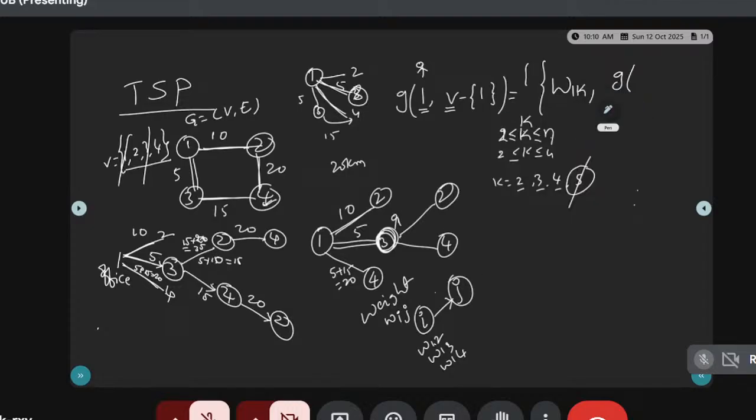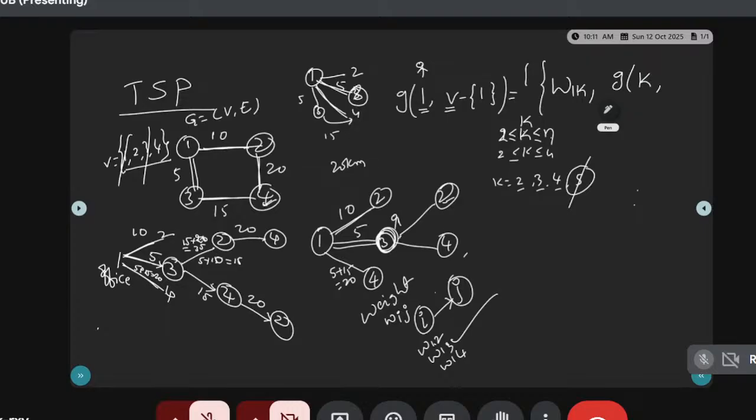Next one, that is G of, again here, whatever the node you already visited from K, this is K now. Next node ఏముంది ఇక్కడ? 1 to 2, 1 to 3, 1 to 4 లో you have decided 1 to 3. K అంటే 3. So from K, next again 2 comma 4.